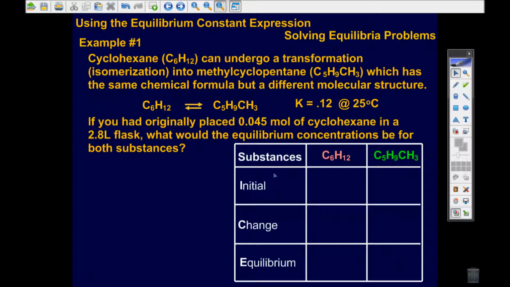Now, in order for me to get the initial concentration of the reactant, I have to use the information I'm provided. Right here is my molar quantity of the cyclohexane, and this is the volume of the flask. So the first thing I need to do is change that into a concentration.